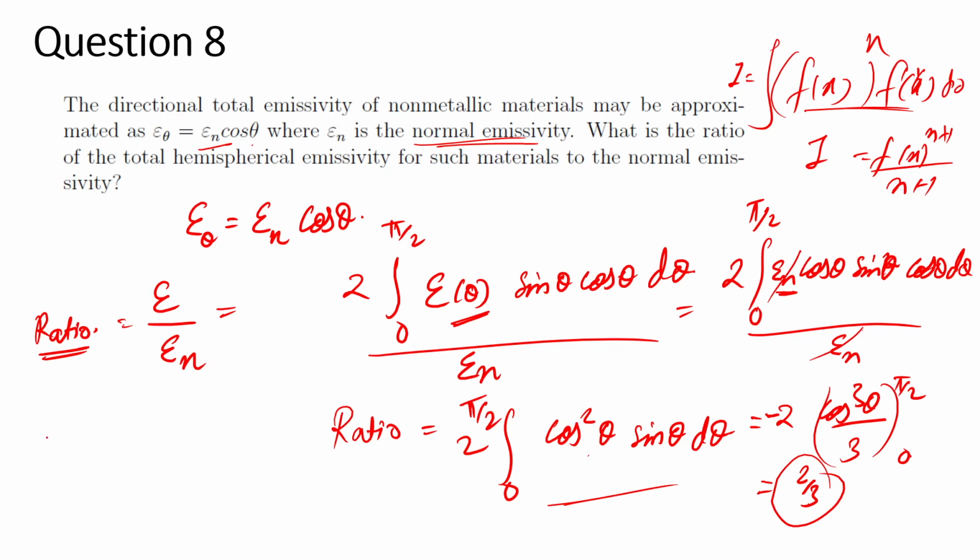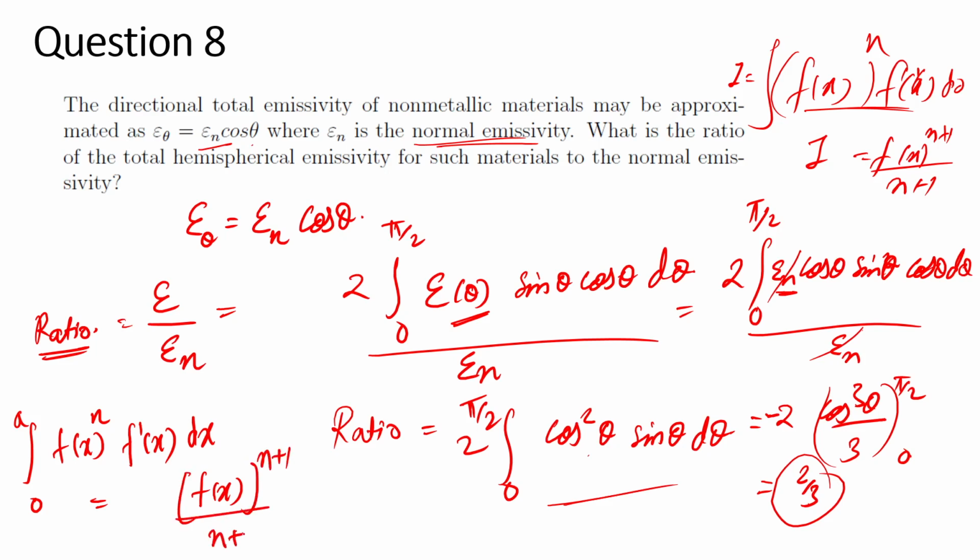If we have the integration from 0 to, let's say, a, of f of x raised to n into f dash of x dx, we can write it as f of x raised to n plus 1 upon n plus 1. This is the formula for integration.